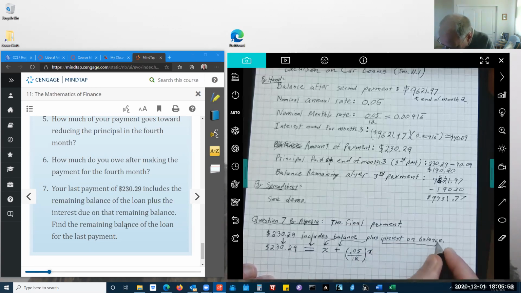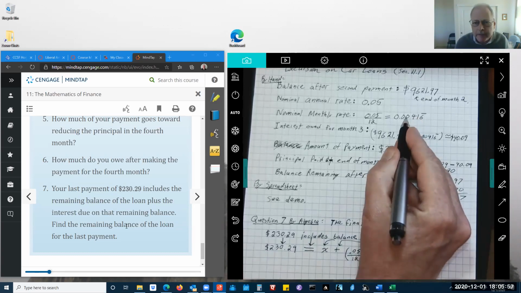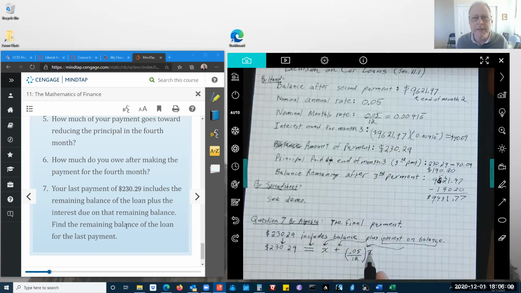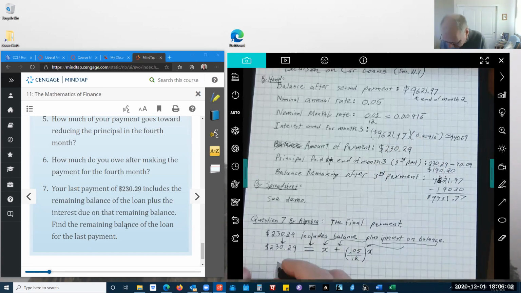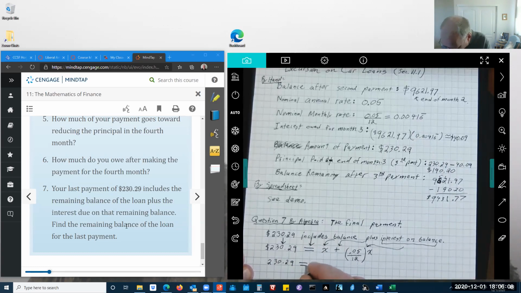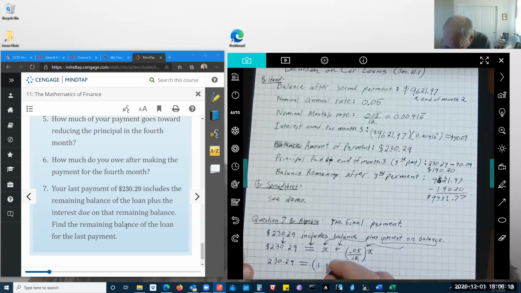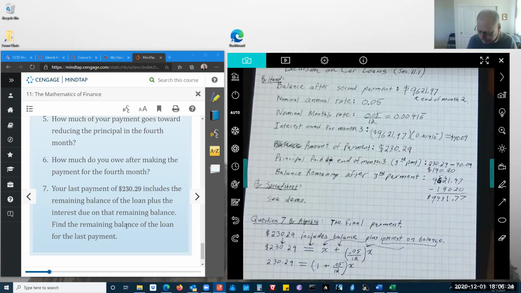The interest on the balance is this nominal monthly rate times the balance. So you've got 1 times x plus 0.05 over 12 times x.